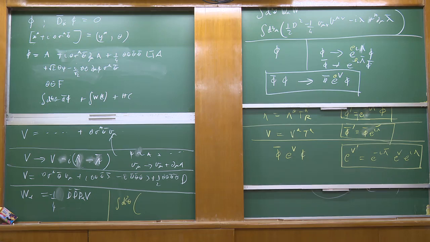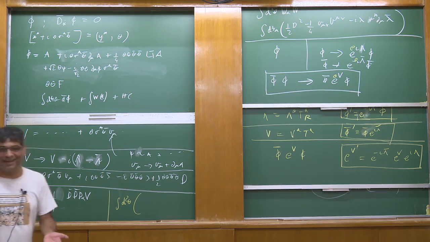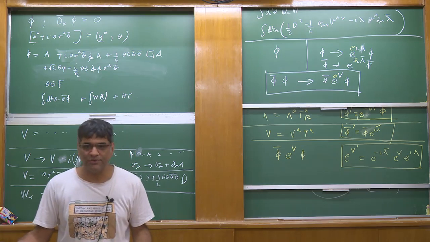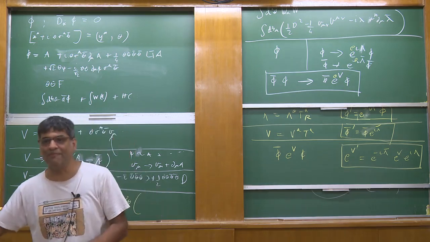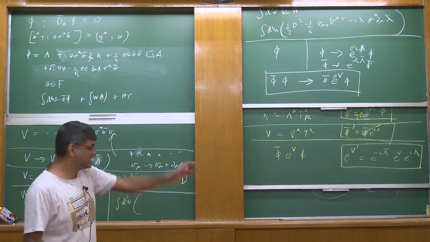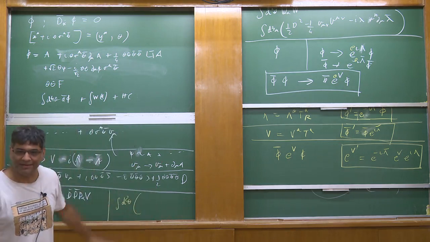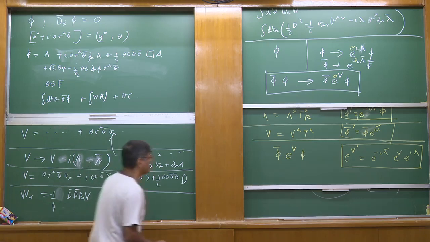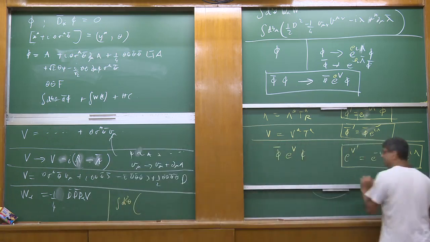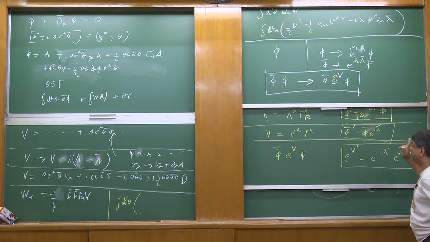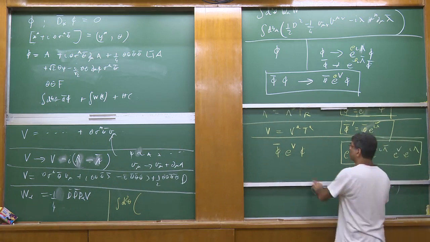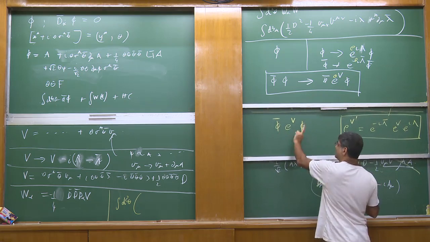If you expand it out in components, you will recover the usual gauge transformation rule for the gauge boson. Excellent. So we've understood how to make the theory gauge invariant, and how to make these interactions continue to work.